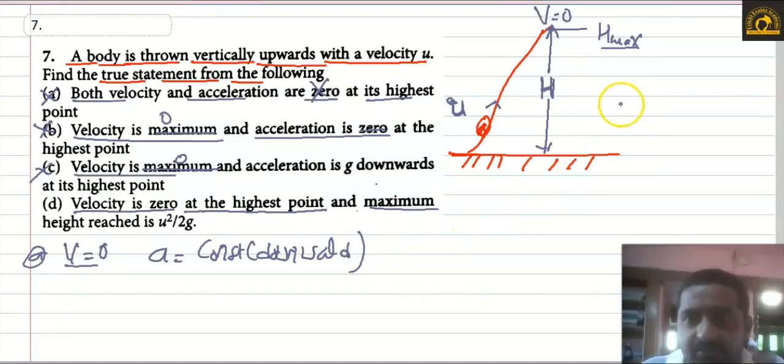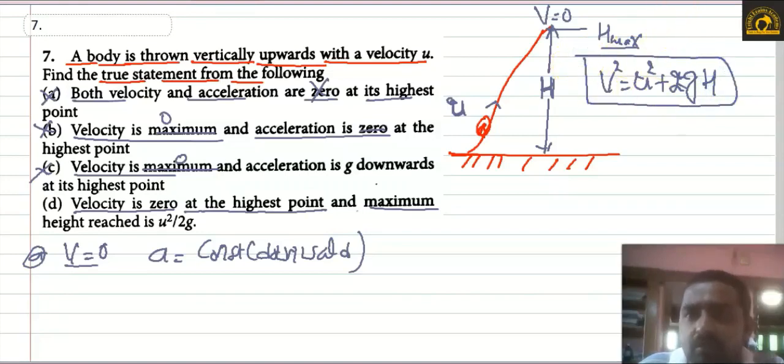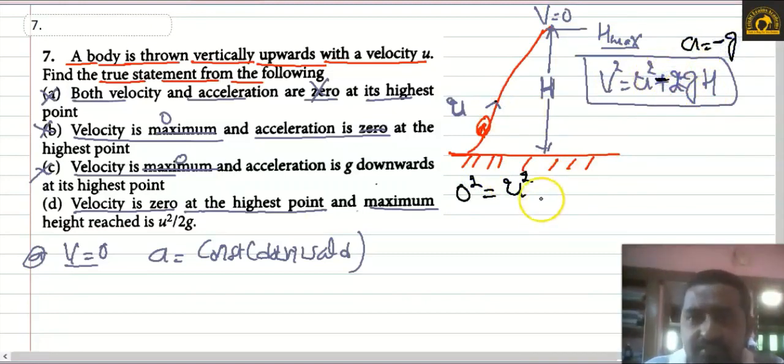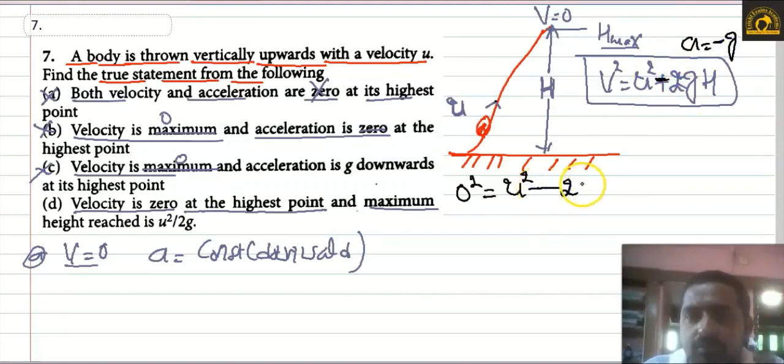Let's see. We know the formula v square is equal to u square plus 2gh. So now we have to calculate. v square, that is 0 square, is equal to u square. The acceleration due to gravity is a equal to minus g, so minus 2g, and the height is h maximum.